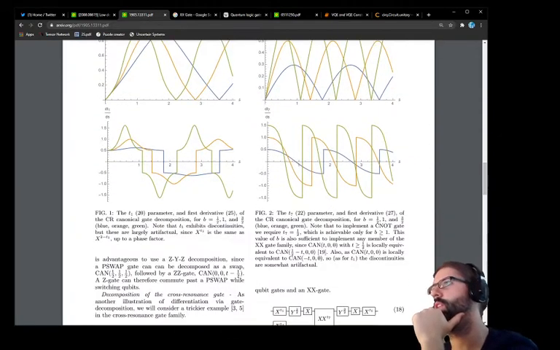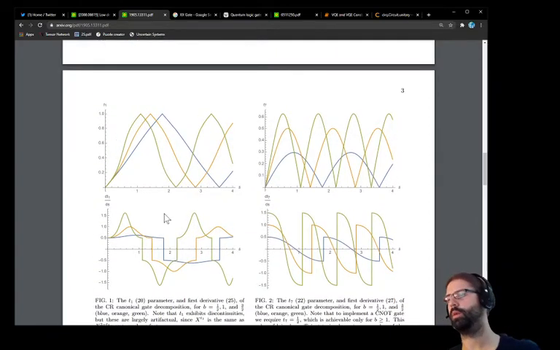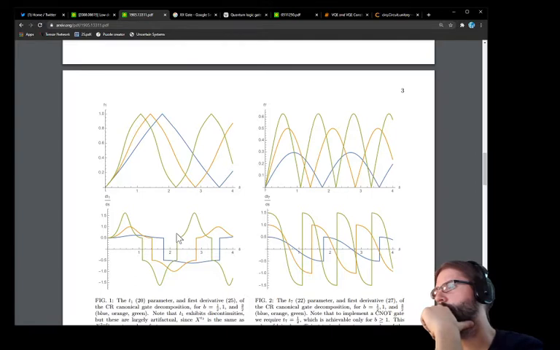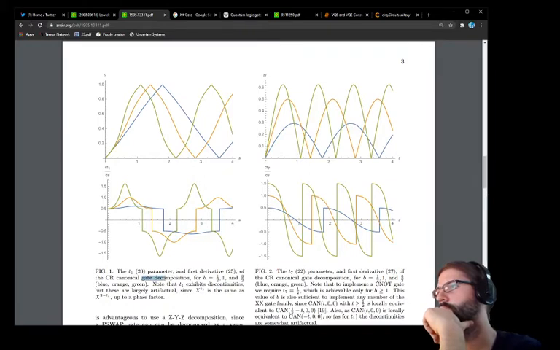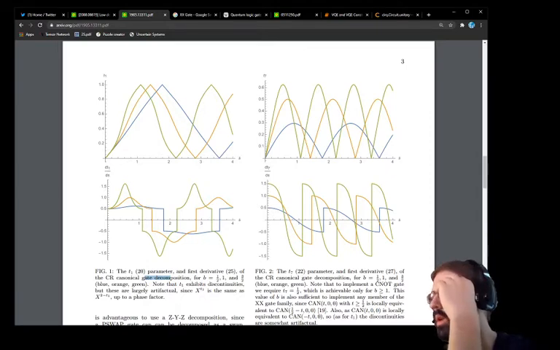So what's this? Figure 1, the T1 parameter and first derivative of the CR canonical gate decomposition for B 1/2, 1, and 3/2, blue, orange, and green.